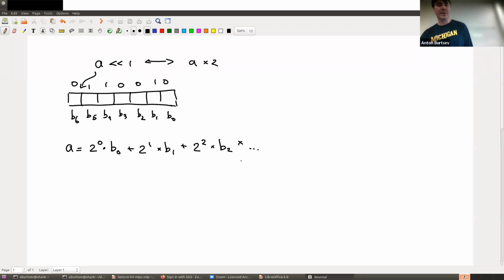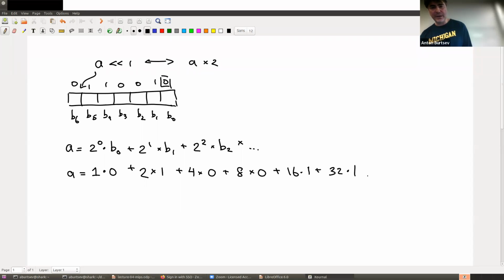Agree with this? So in our specific example, A will be 0 multiplied by 2 to the power 0, which is always 1, right? Multiply by 0 because this is 0 here, then plus 2 multiplied by 1 plus 4 multiplied by 0 plus 8 multiplied by 0 plus 16 multiplied by 1 plus 32 multiplied by 1 plus 64 multiplied by 0, right?